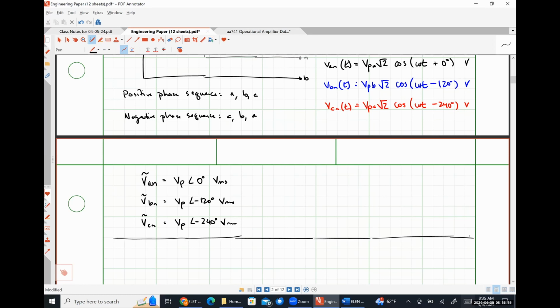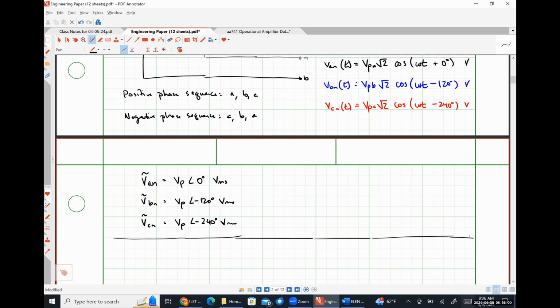All right. So now let's go more into the details about the different permutations of things that we can connect, right? Realistically, we can lump things into 4 basic circuits: a Y-Y circuit, a Y-delta circuit, a delta-Y circuit, and a delta-delta circuit.